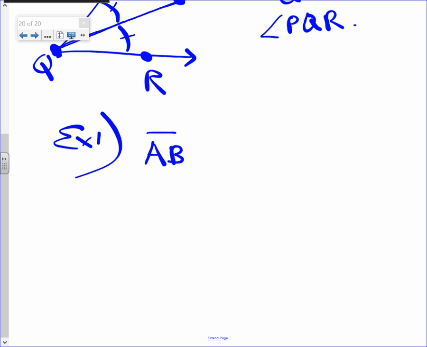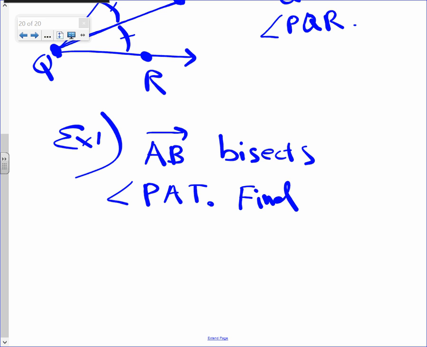Ray AB bisects angle PAT. Find the measure of angle PAT.